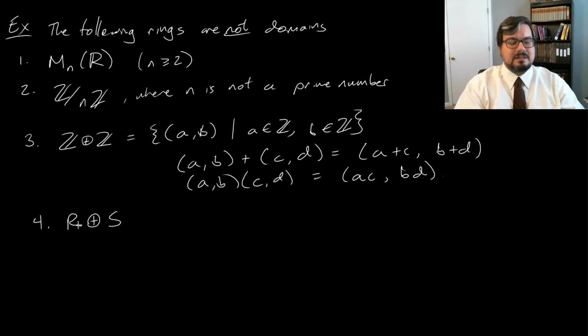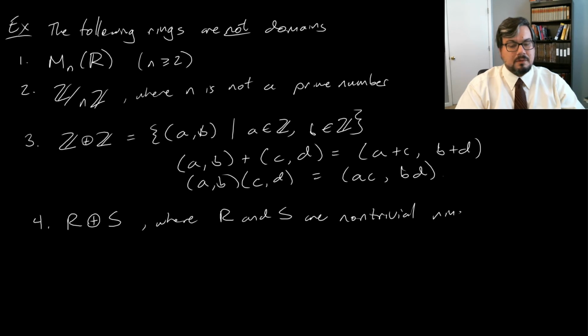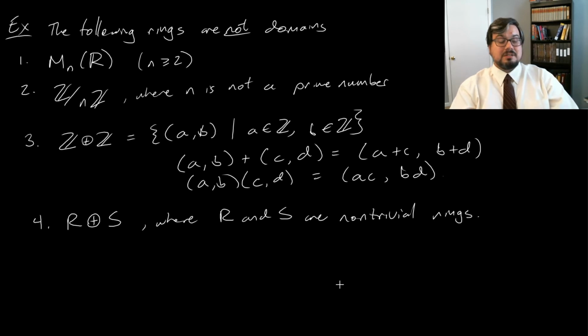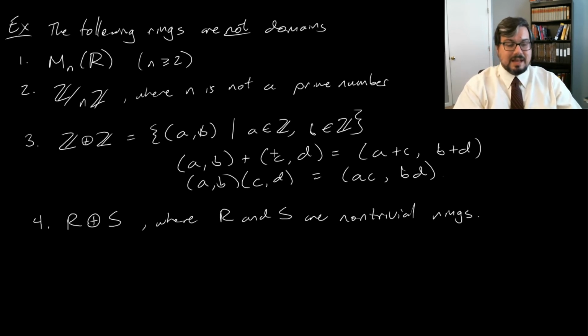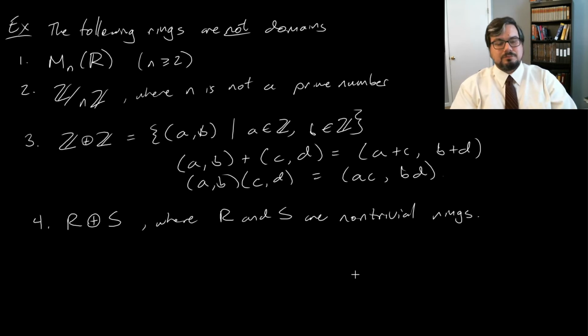But in fact, if I have any two non-trivial rings and I take their direct sum, using exactly the same formulation as we did in part 3 here, that resulting ring will not be a domain, no matter what.